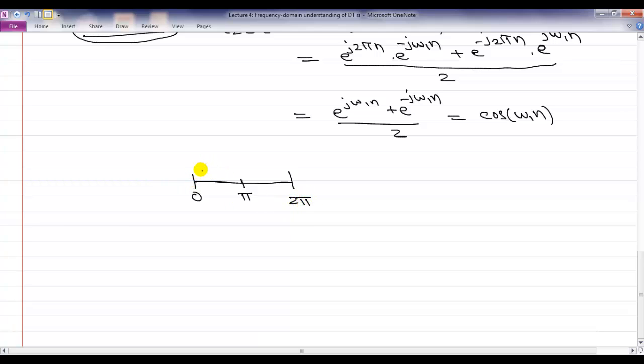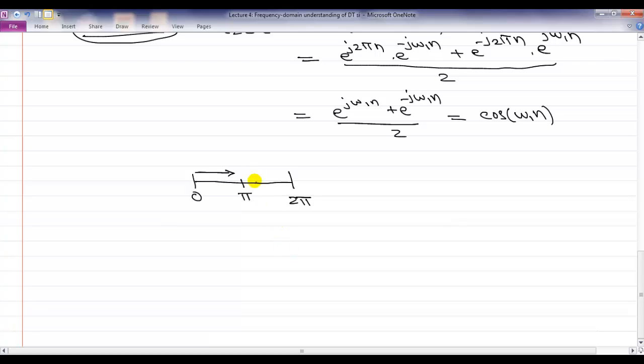In discrete world, what happens is that as you go from 0 to pi, your frequencies are increasing, which means that if you plot your cosine of omega n as a stem plot, it will start wiggling faster and faster and faster. Okay?